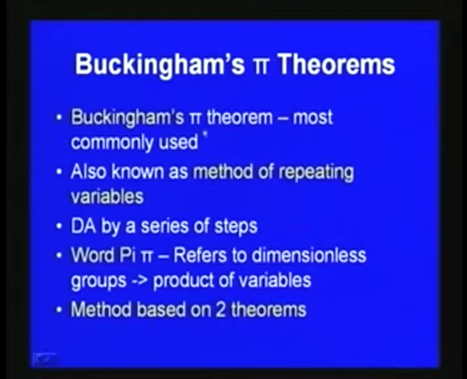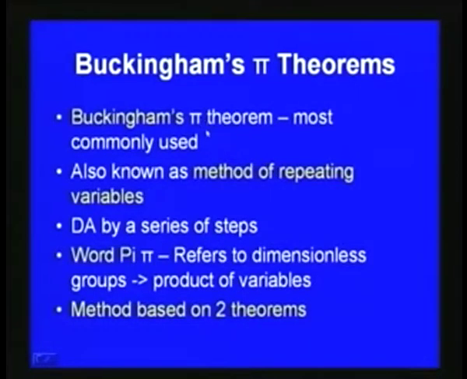So, to deal with these kinds of problems, the method used is called the Buckingham pi theorem. The Buckingham pi theorem is the most commonly used method, and it is also known as the method of repeating variables.